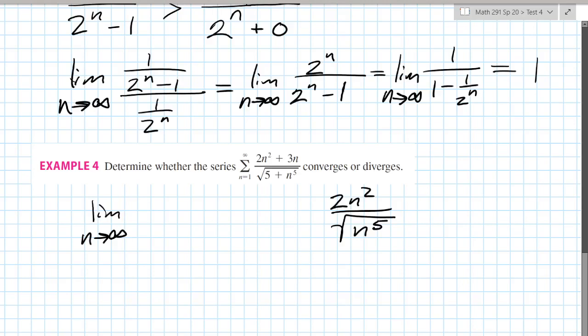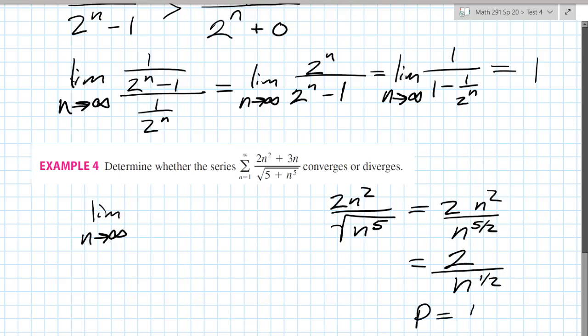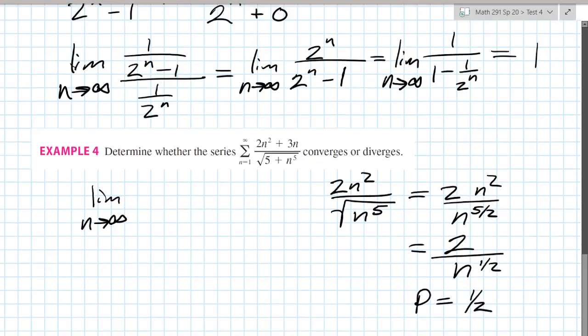When we take limits of this sort of thing, only the largest powers are going to matter. Now this is 2 n squared divided by n to the 5 halves, which is 2 over n to the 1 half. Okay, so this looks like a p series with p equals 1 half.